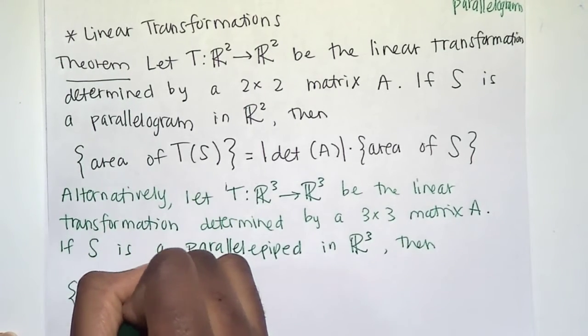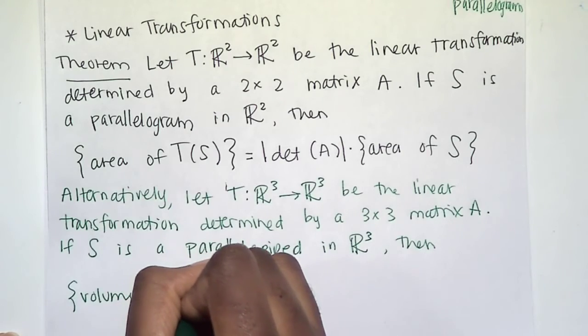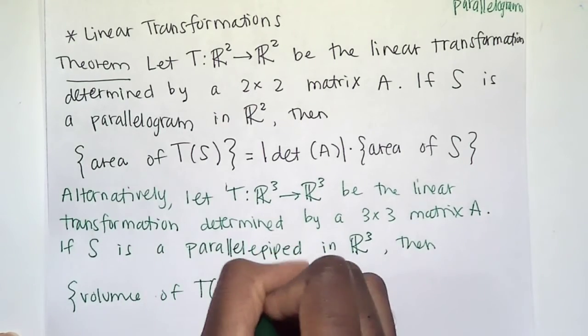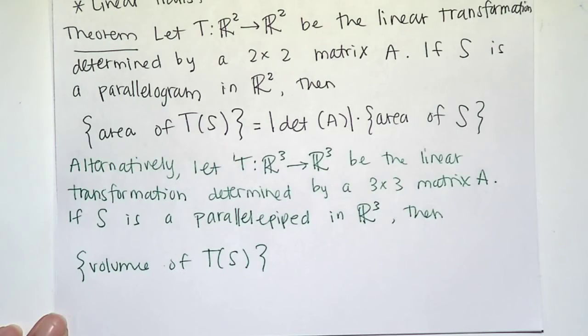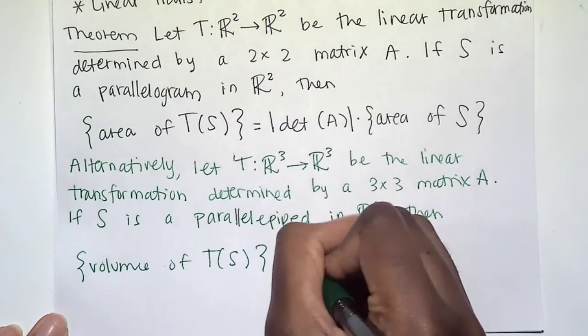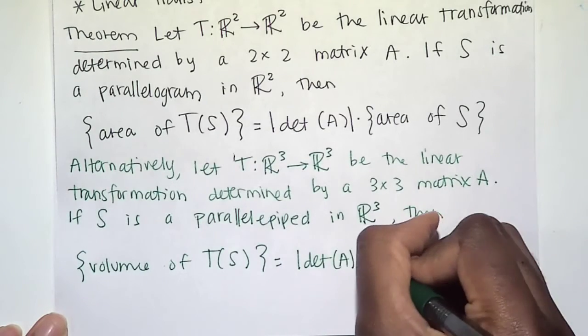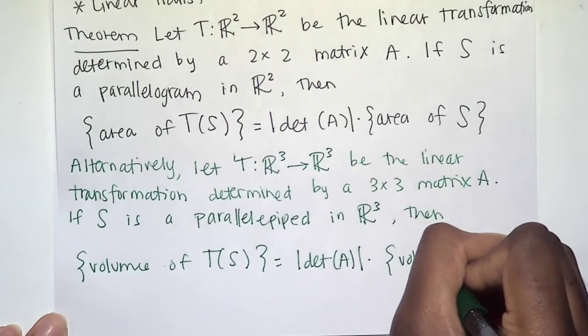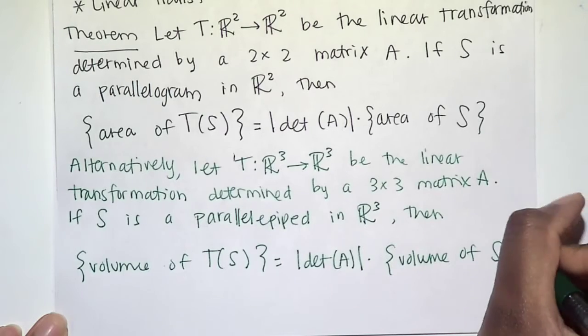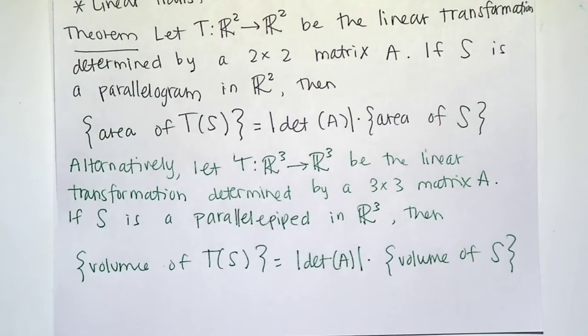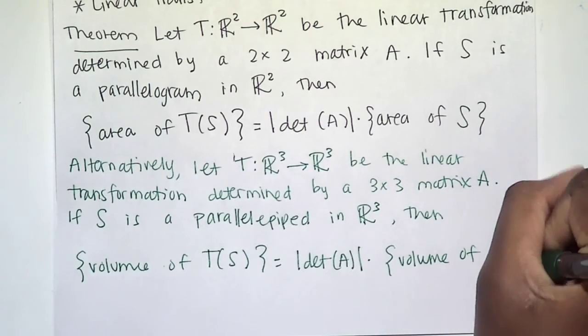So the volume of our transformed parallelepiped is given by the determinant of our matrix of our transformation times the volume of the original parallelepiped. So same result, just in different dimensions.